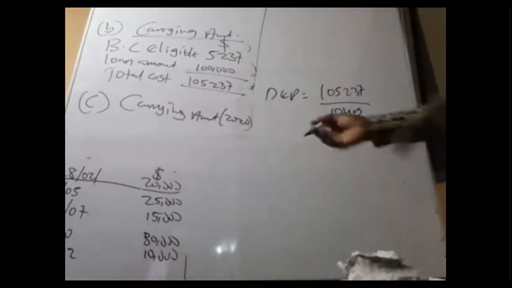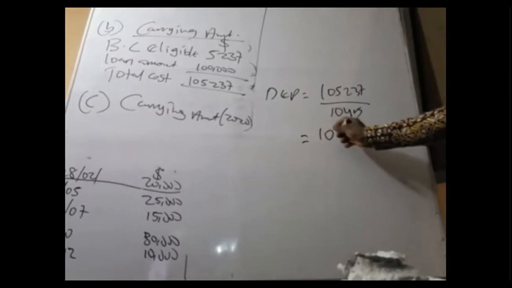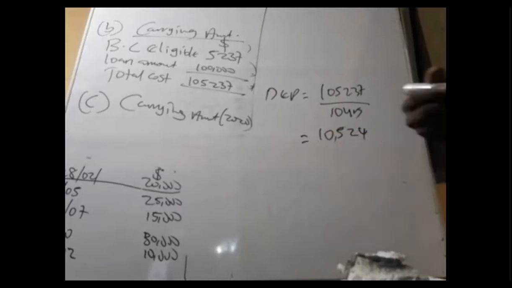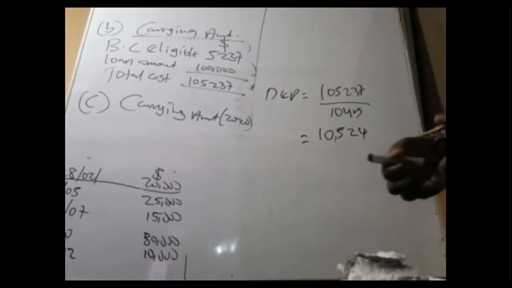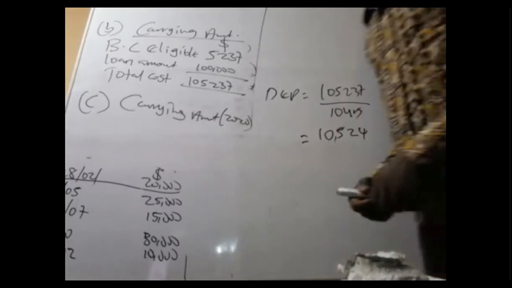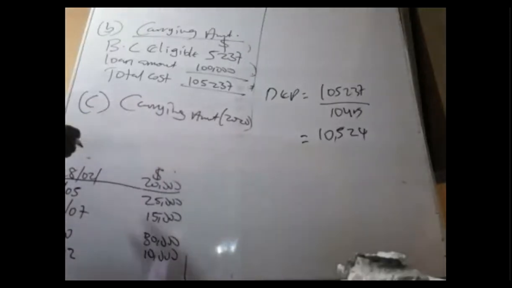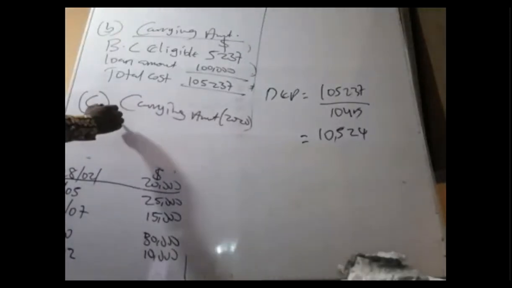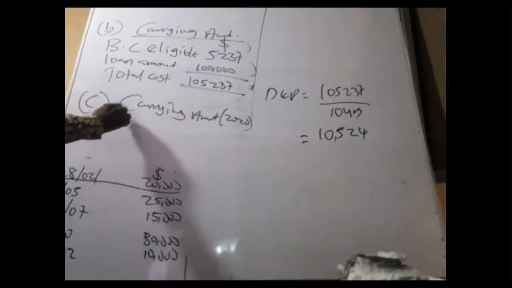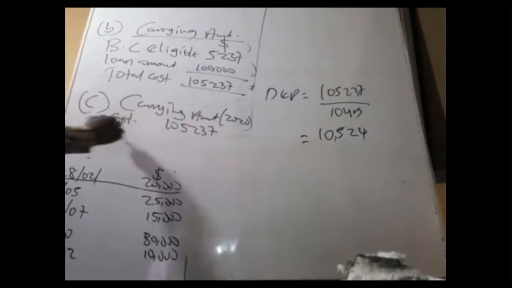Okay, so to the nearest whole number, the depreciation will be 10,524. So therefore, the current amount is just taken from the cost of the assets. You take it off from the cost of the assets. So the cost of the assets happens to be 105,273.